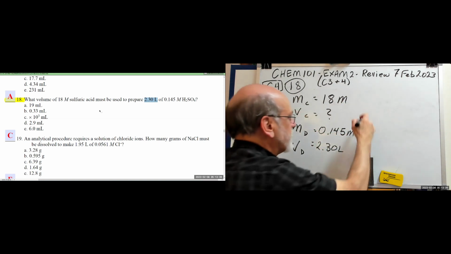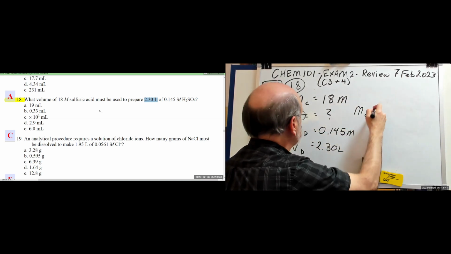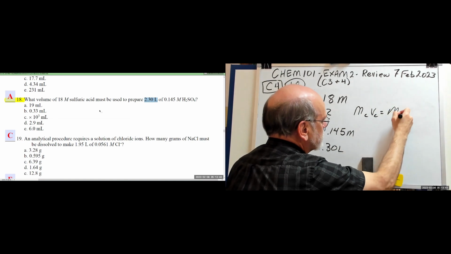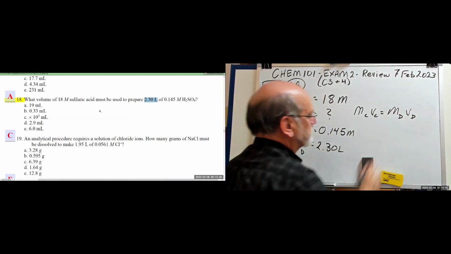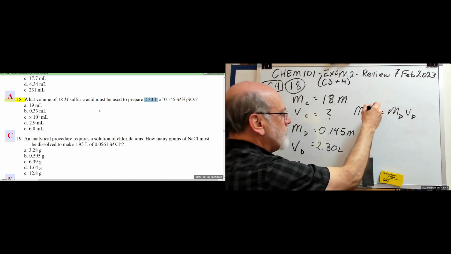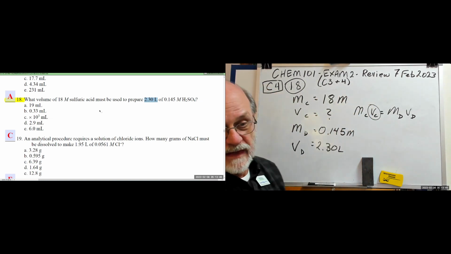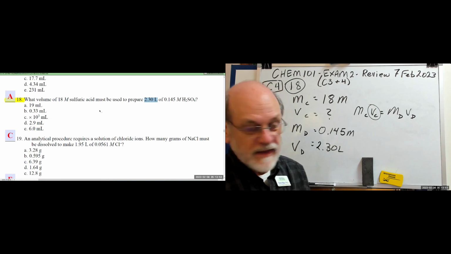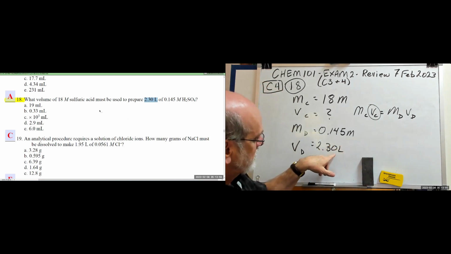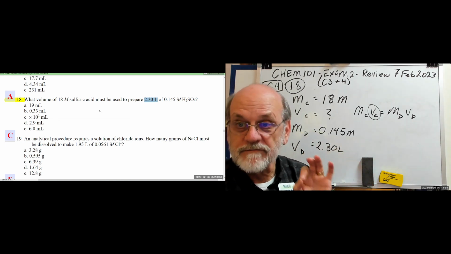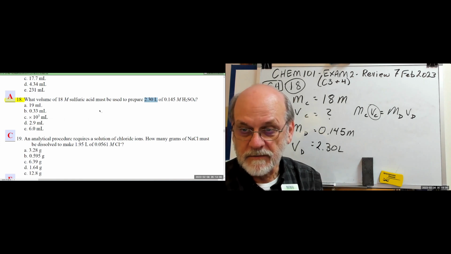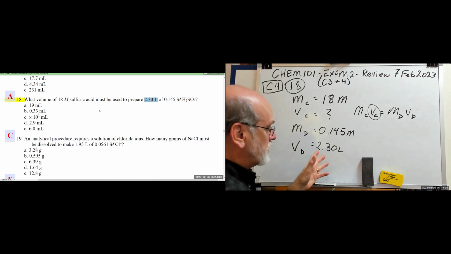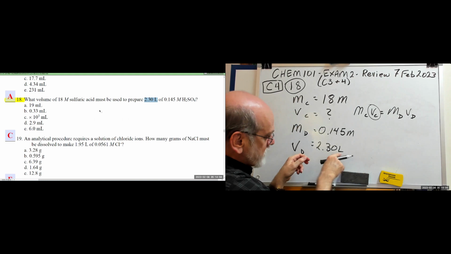Now you need to plug them into the formula, MC VC equals MD VD, and solve for this one. And you should get 19 milliliters. The answer is going to come out in liters. Then you convert it to milliliters. The other option is to convert this to milliliters.